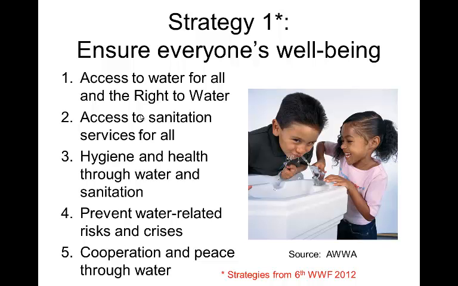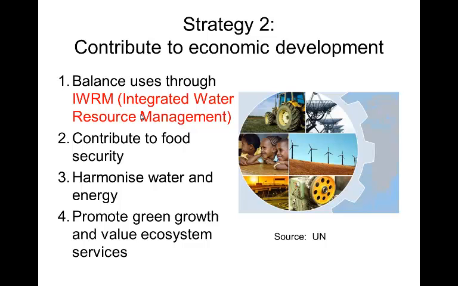with several strategies. And you'll see in these strategies the key words that we've been talking about all through the course. I won't go over them in detail, but it starts out by discussing everyone's well-being, and then different measures such as access to water and sanitation, hygiene, taking care of risks and crises, and cooperating and having peace through water.